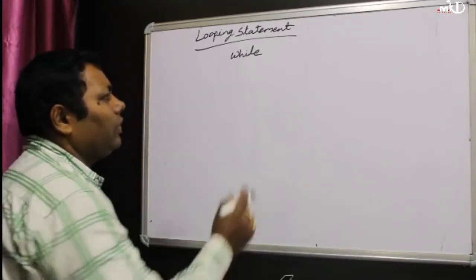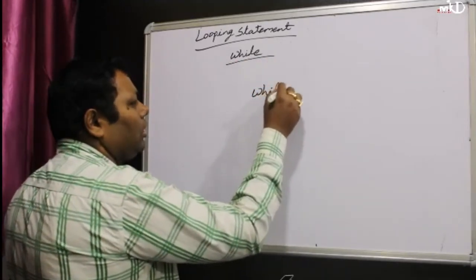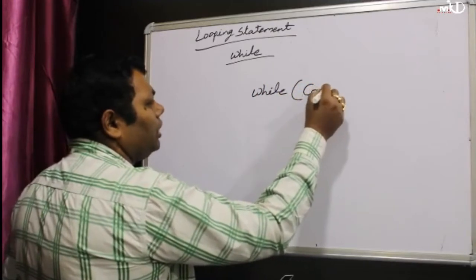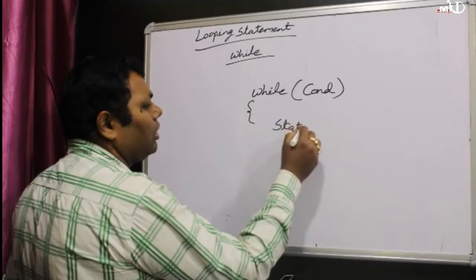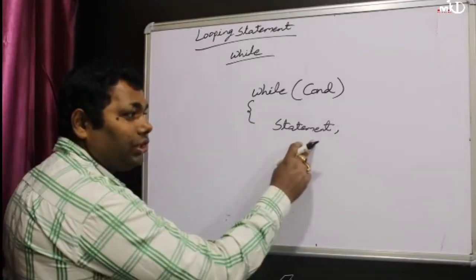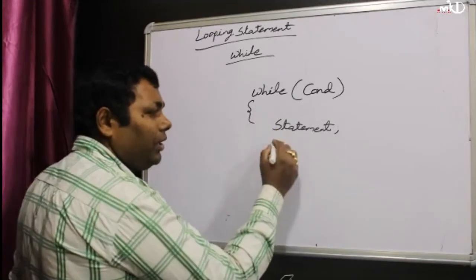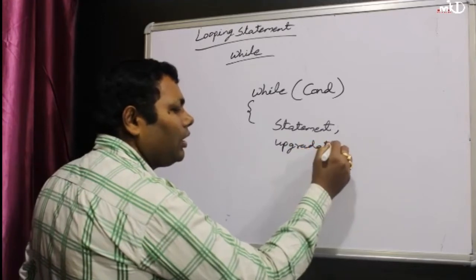The syntax of the while loop is: while condition, then statements. While condition, statements, and these statements must include an upgradation statement.